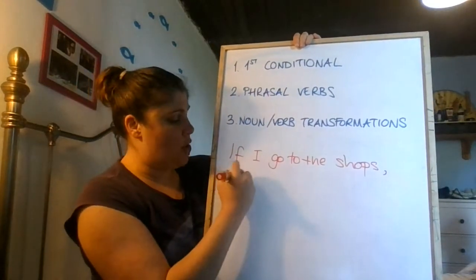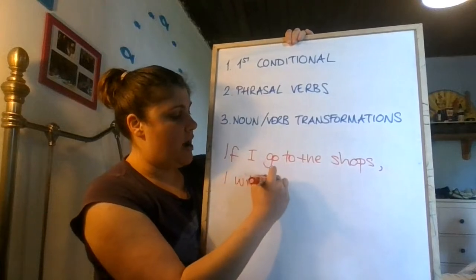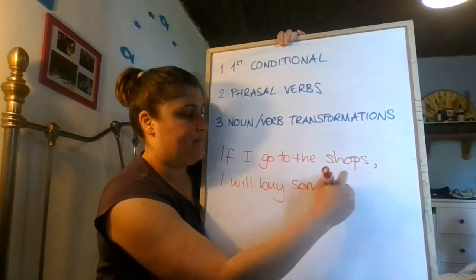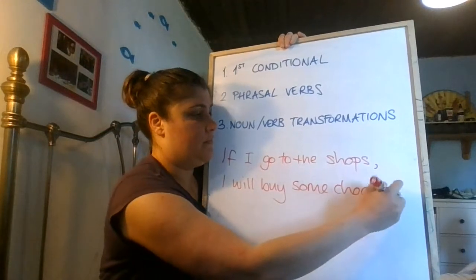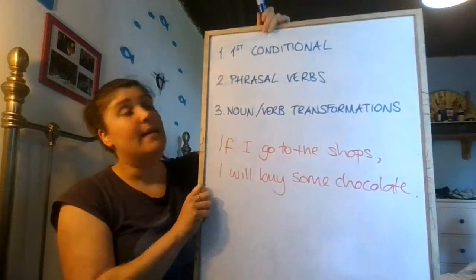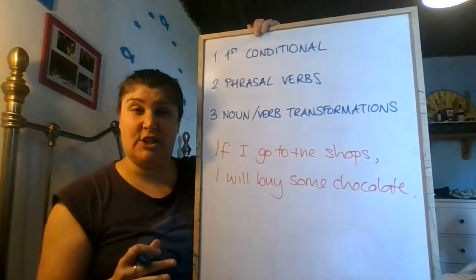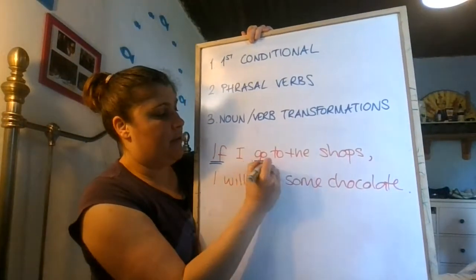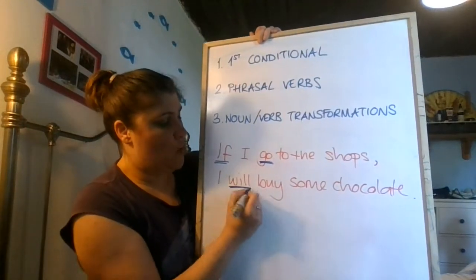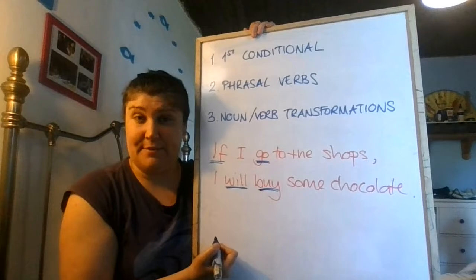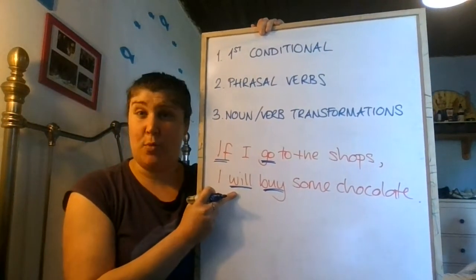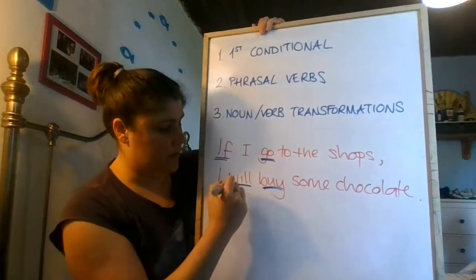If I go to the shops, I will buy some chocolate. Okay, fairly simple? Good. So remember, first conditional, we use if and the present, and in the second part, will and infinitive. If we want to use negative, what's the negative of will? Won't. Excellent.